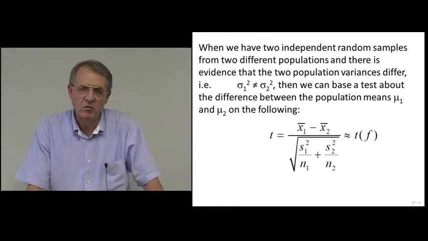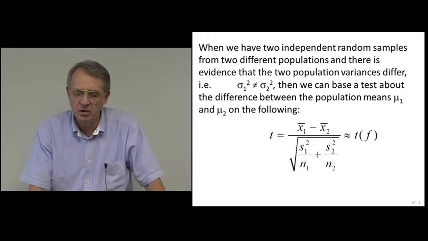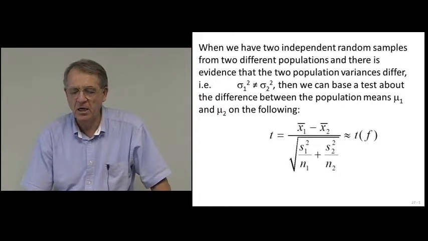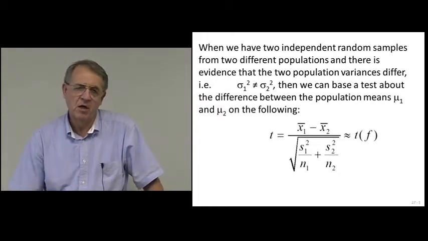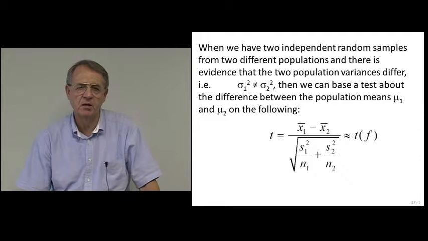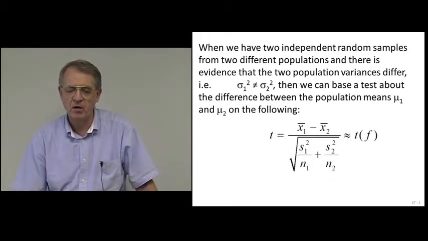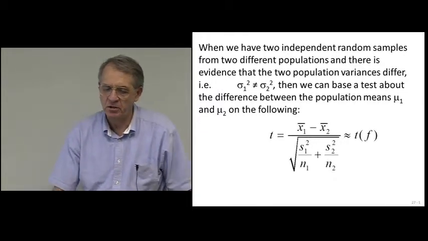The strategy I will show you is the latter. I will show you how to make this adjustment by calculating an estimated degrees of freedom. The only reason to go through this is to get a better approximation for the t distribution to use to compare this t statistic result against.